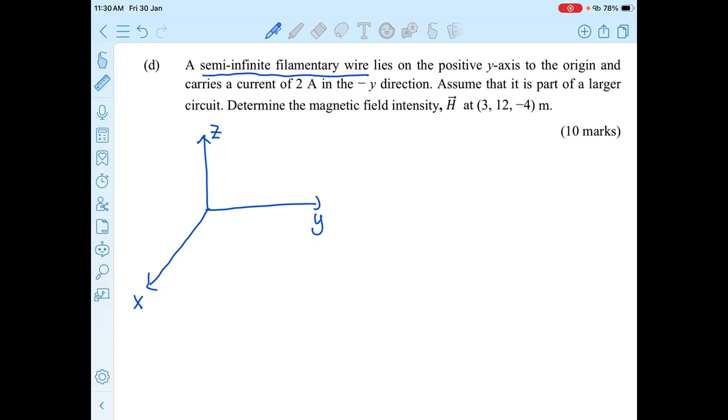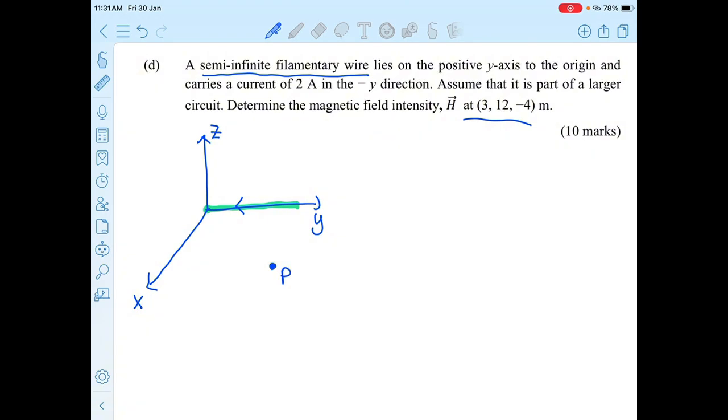It lies on the positive y-axis, from infinity to the origin. This is your wire, and the current is in the negative y direction, 2 ampere. Find the magnetic field at the position 3, 12, negative 4.